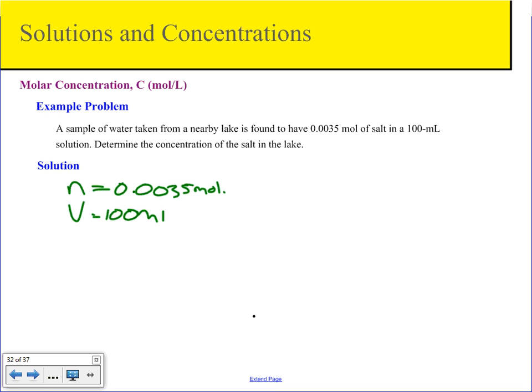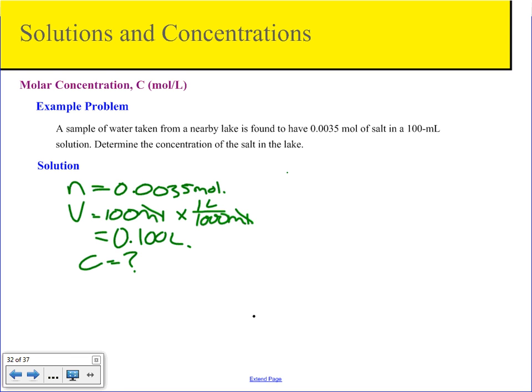For every 1 liter, there are 1,000 milliliters, so this becomes 0.100 liters. The reason we do this conversion is that concentration is always in moles per liter. That's what we're trying to find out.